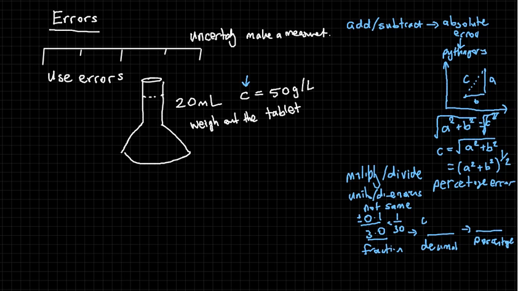Alright, so let's just say I've got 0.1, that's my error, plus or minus, and that is out of my 3. And so the fraction can also be written as 1 out of 30. The decimal is going to be, I think it's 0.1. Give me a second.